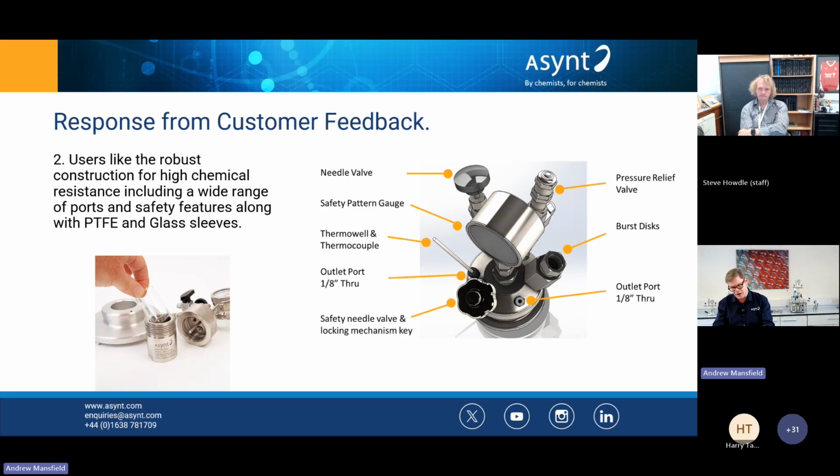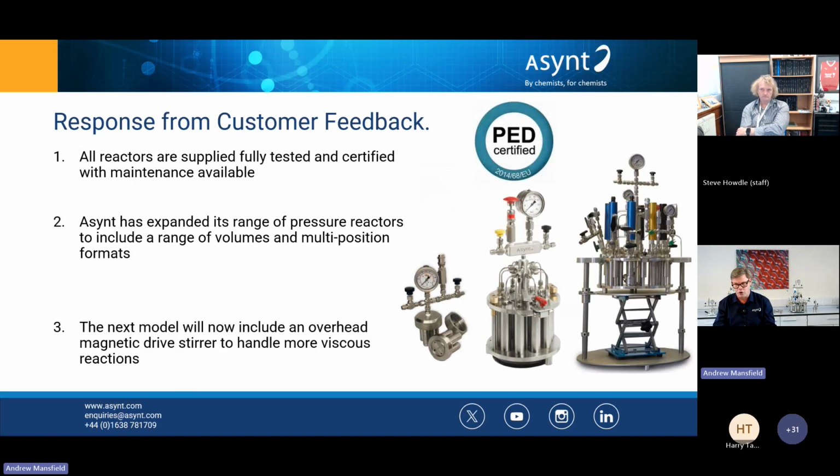At the end of that video, which, as Steve said, was recorded during lockdown a few years ago, we've actually expanded on the availability of a magnetically coupled overhead stirrer drive, and that's really important for running more viscous solutions and chemistry such as polymerization.